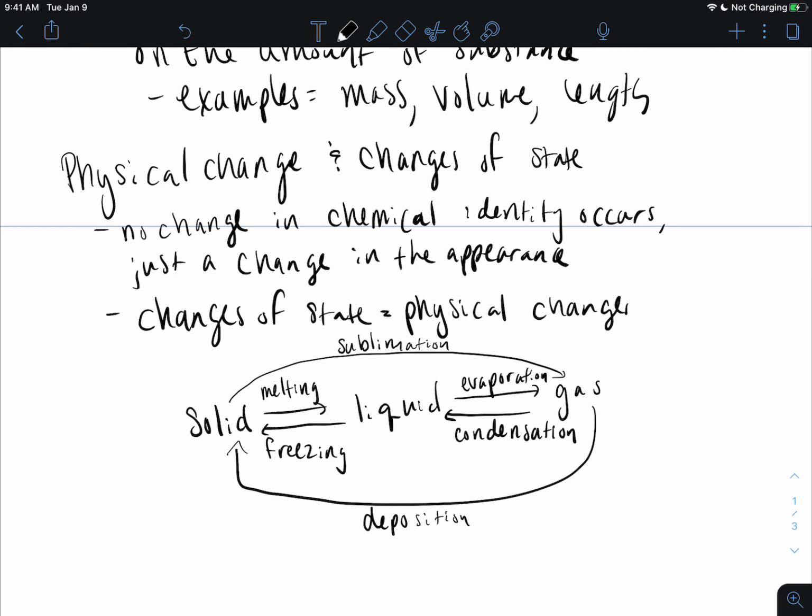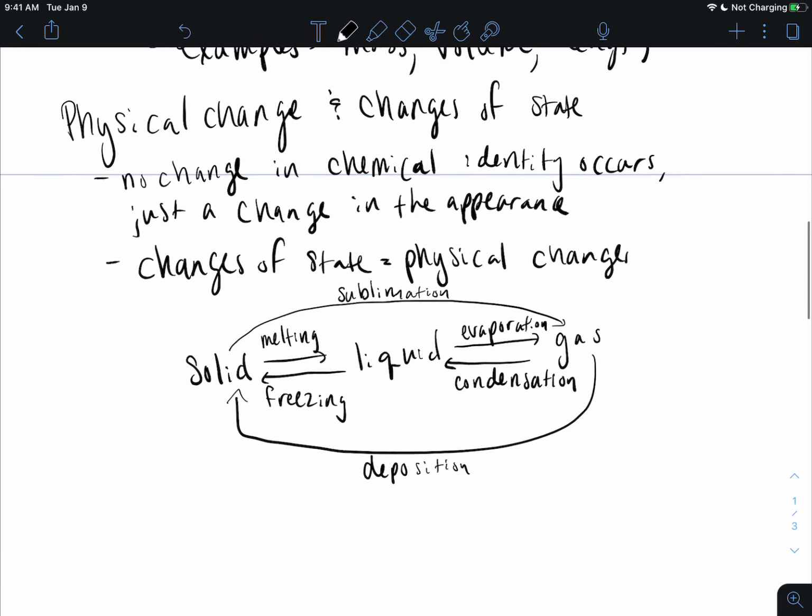So each one of these, we still have the same substance, so we're not changing our chemical identity, so this is still considered a physical change.